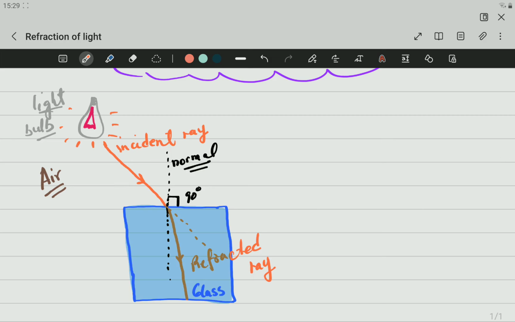Now here, as we spoke before, we have an angle between the incident ray and the normal, and this angle is going to be called the angle of incidence.